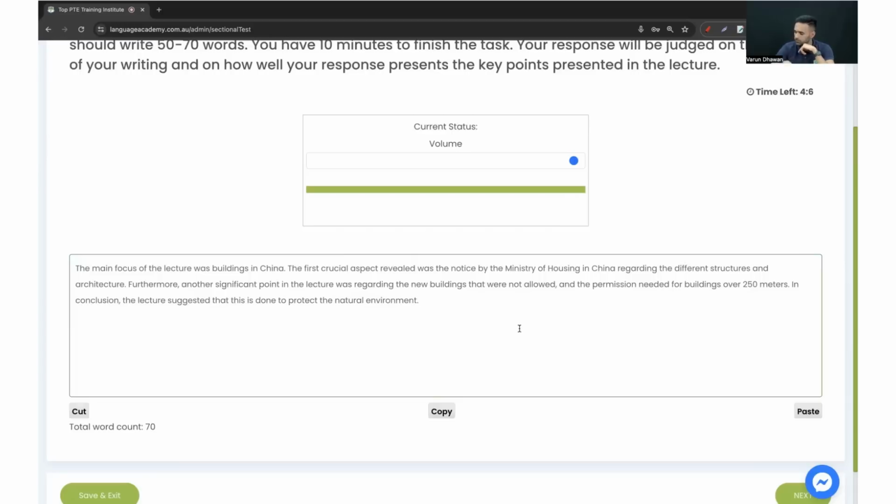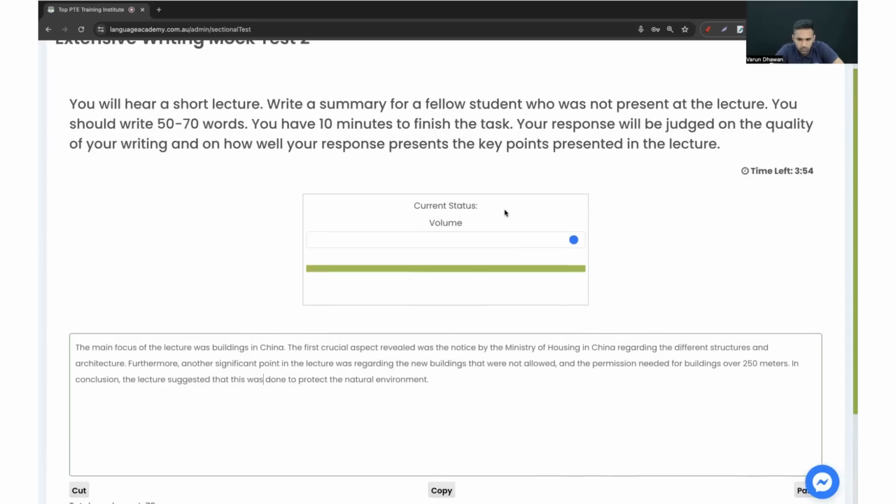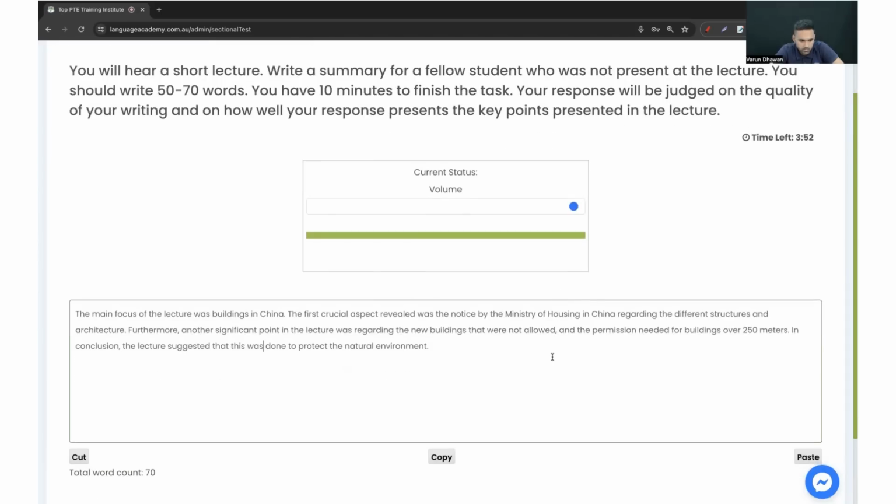In conclusion, the lecture suggested that this was done to protect the natural environment. See, I've got a lot more keywords, but obviously you cannot accommodate each and everything within 70 words. So try to include as many keywords as you can, but in case you miss out on a few keywords, it's all good, I guess.